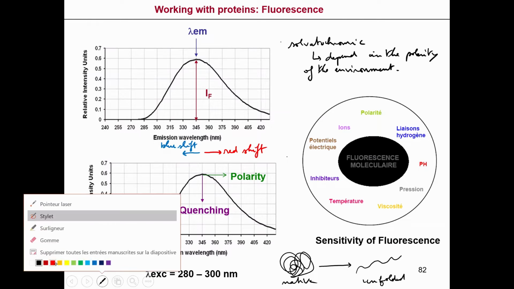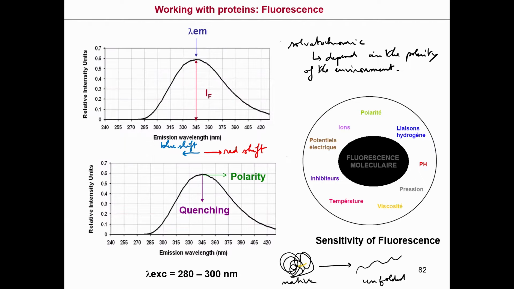We said that tryptophan should be inside because it's hydrophobic, but when you have the unfolded protein, the tryptophan will be exposed. So in the beginning, in the native state of your protein, the tryptophan is not surrounded by water, right? And when you have the unfolded protein, the tryptophan will be surrounded by water.